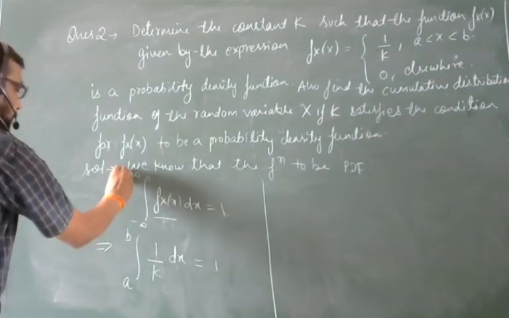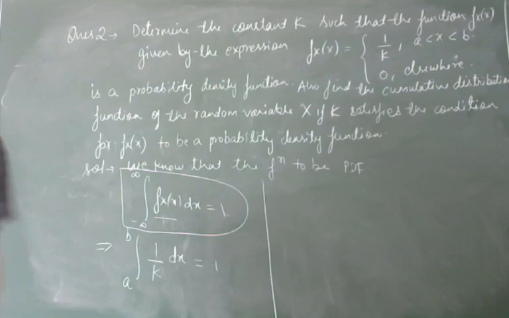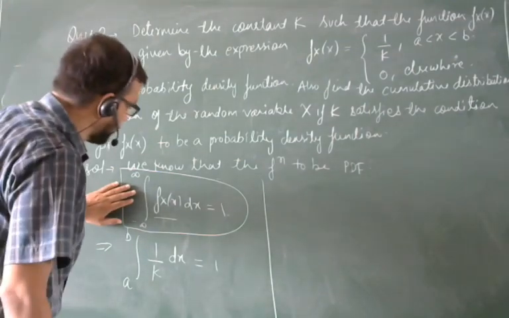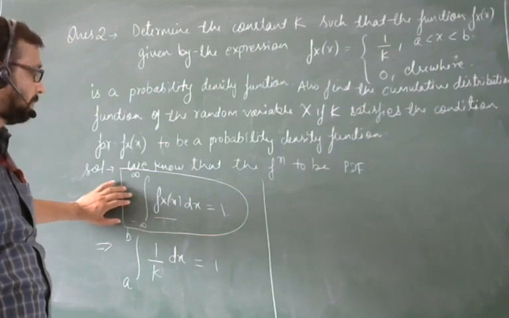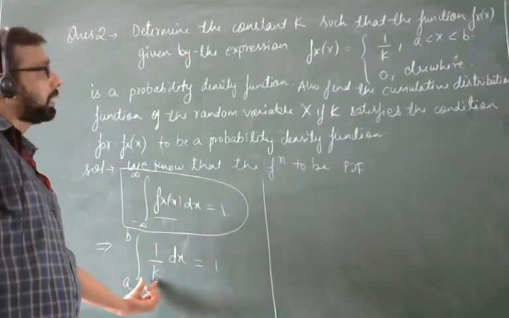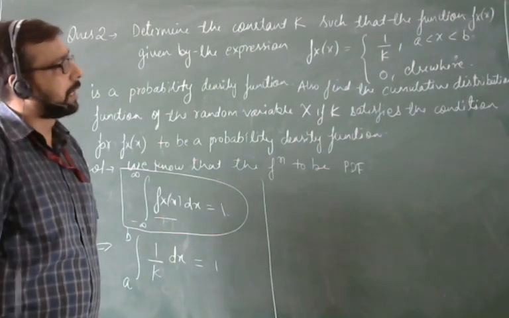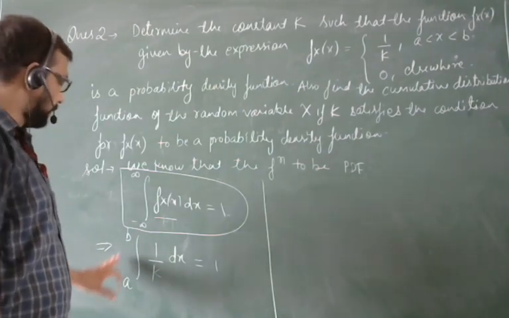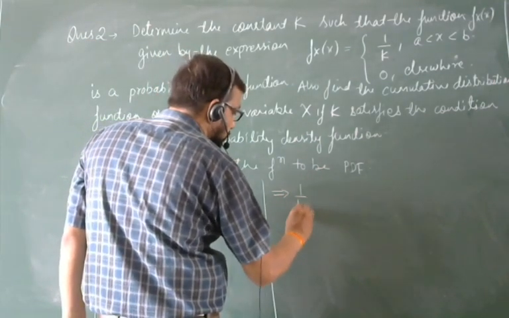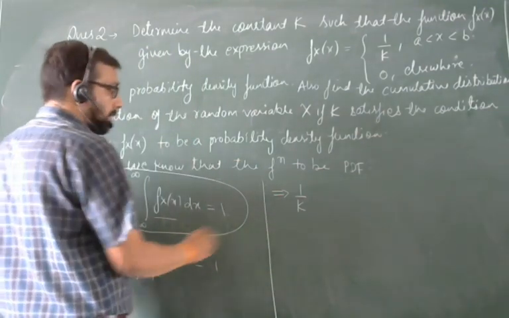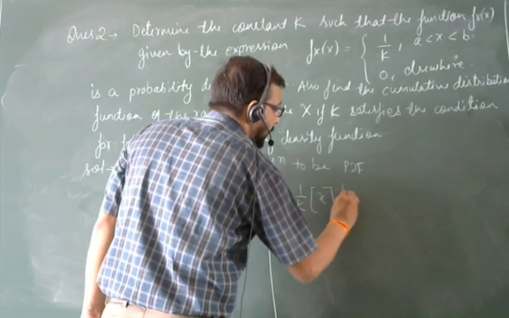We have simply used this property. We know that for the function to be the PDF, the integral of f(x) dx from minus infinity to infinity is equal to 1. Now simply place the value of f(x), that is 1 by k, defined in the interval from a to b and 0 elsewhere. Now integrating this, 1 upon k is a constant, and if we integrate dx we get the value of x, and placing the limit a to b, this is equal to 1.